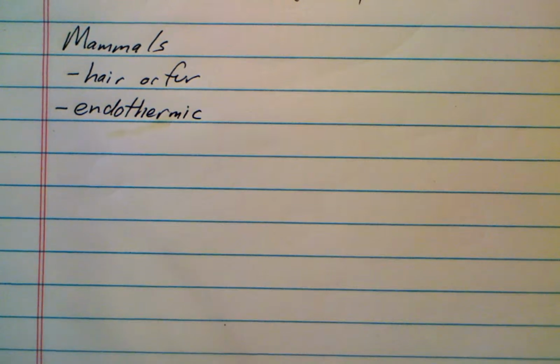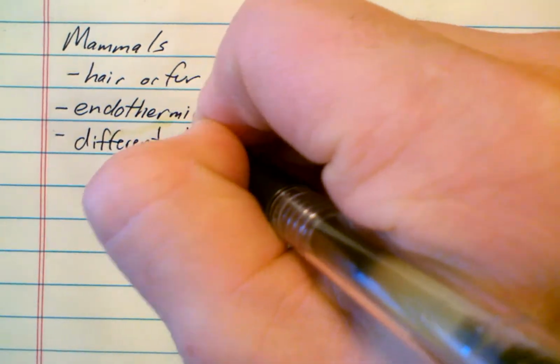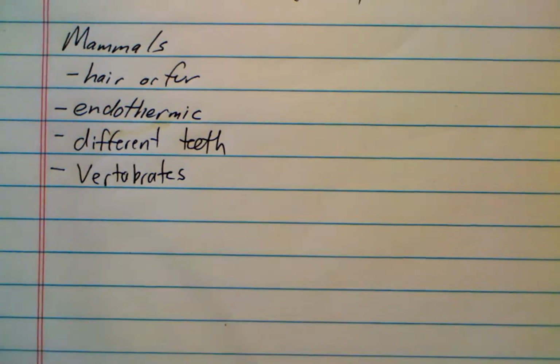Ruby says endothermic. Good. What else do we have? Different shapes of teeth, vertebrates. Good job, guys. Good. So those are 4 big features.